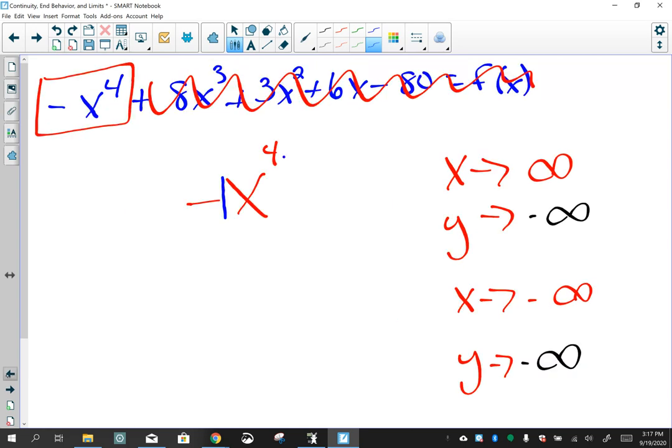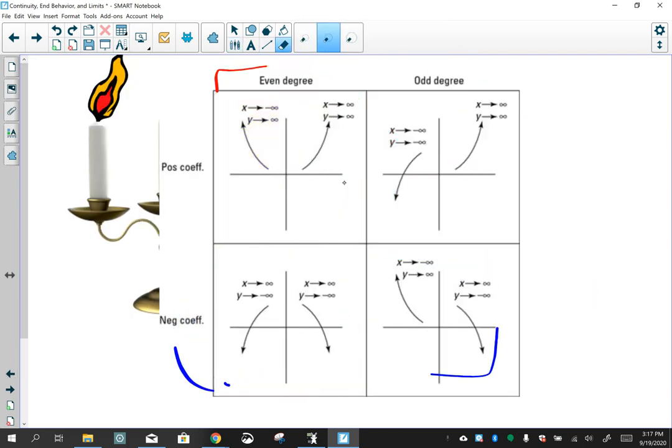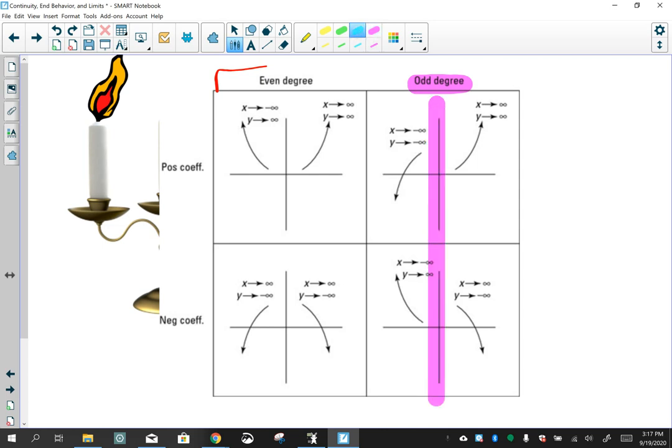So I'm going to go back to my chart here. We're going to get rid of all this. And that too. And that too. And I know that what I'm looking for is odd. So I'm going to be looking for this area here. And I have a negative coefficient, so that means I am looking for this box right here.